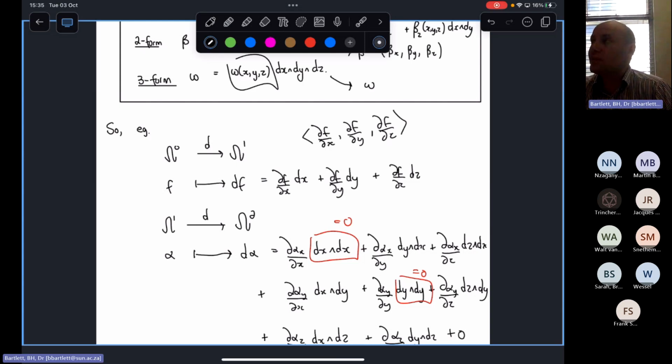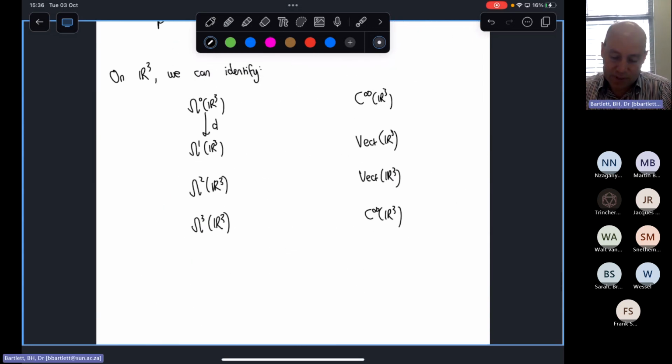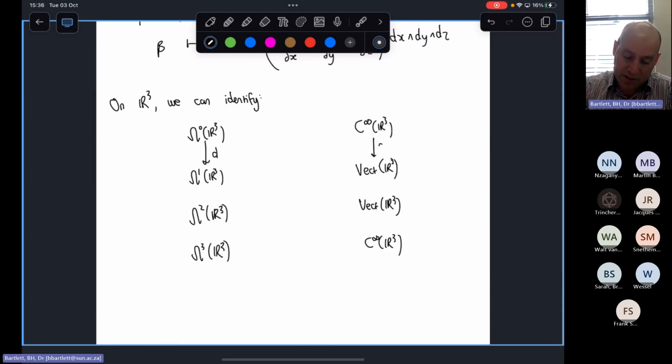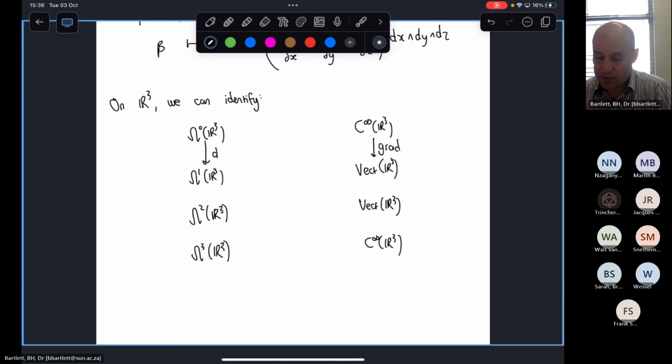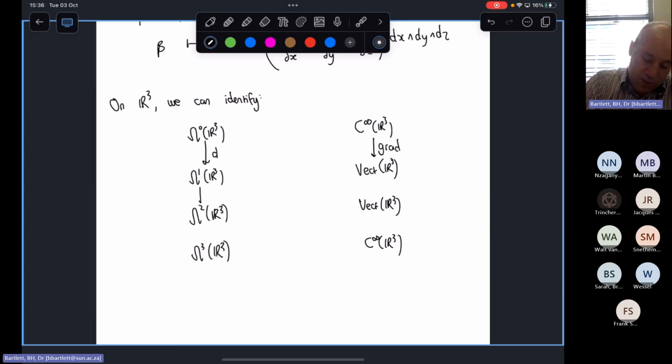What is that called? Gradients. Also written like this. Or let's write it like this. Okay? So this operation is actually just taking the gradients. From 1 forms to 2 forms, what's going on?